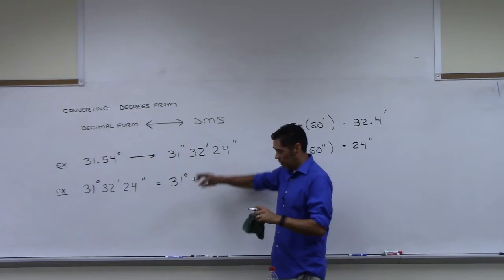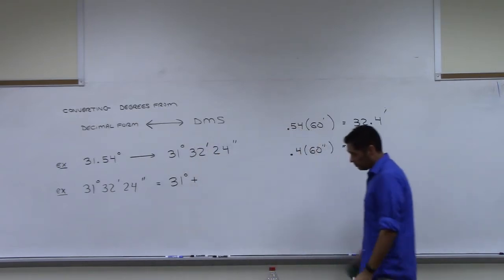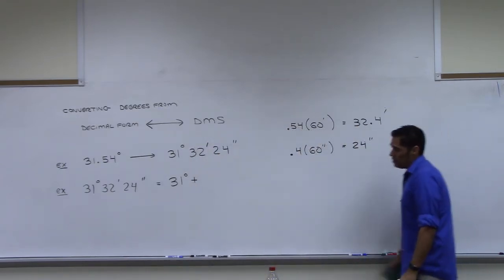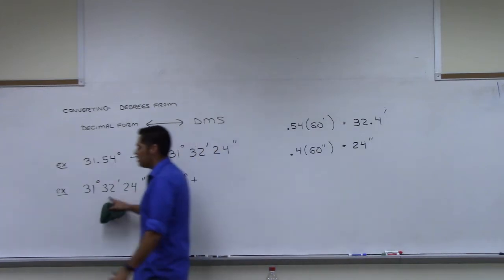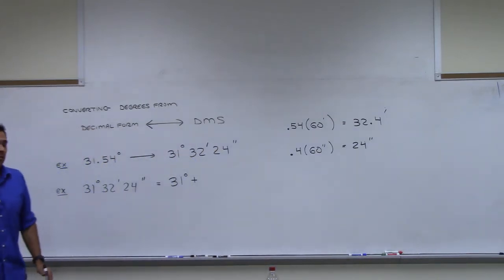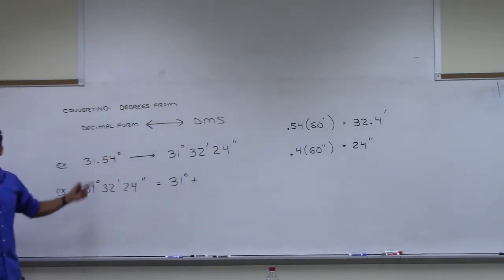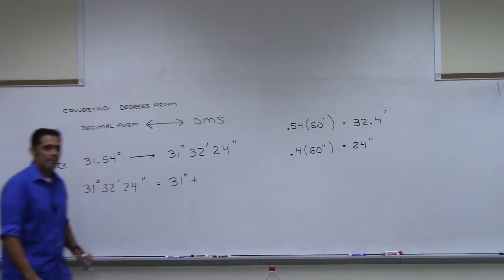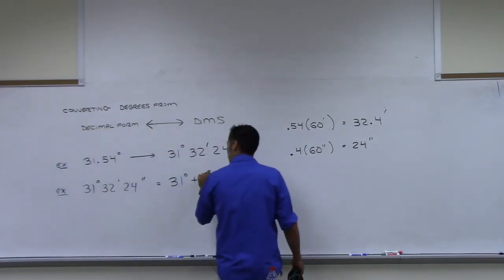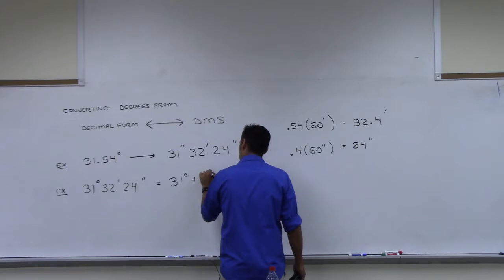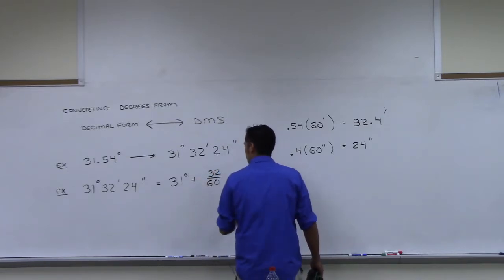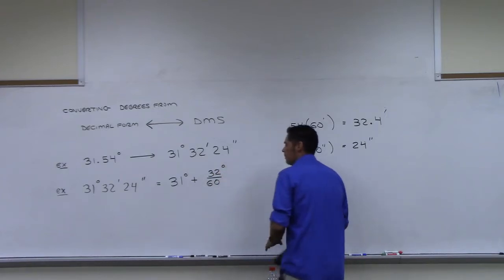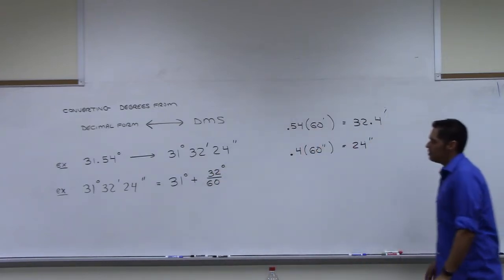I should have put it on. I got the 2 backwards. Now, 32 minutes, I need to convert that to degrees. So how do I undo what I did earlier? I divide that by 60. So 32 divided by 60, right? And that'll be degrees. And then what about this next one?